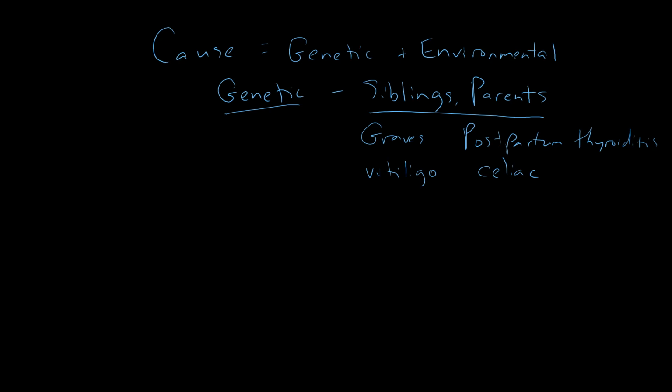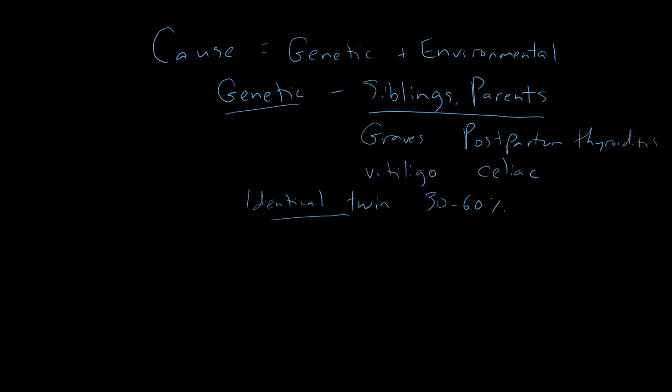But we have a pretty clear role for genetics. On the other hand, it's not only genetic, and we know this for a variety of reasons, one of which is the fact that people who are identical twins, if your identical twin has Hashimoto's and you have the exact same genetic makeup as your identical twin, you have about a 30 to 60% chance, depending on the study, of getting Hashimoto's.